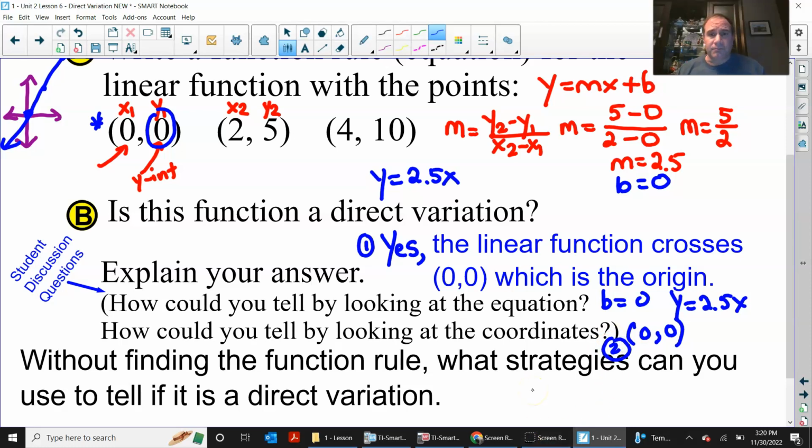Finding the slope, and then getting the fact that the slope remains the same throughout the 2 points. Then you could prove it's linear, and then it goes through 0, 0. If it's linear and goes through 0, 0, it is a direct variation.